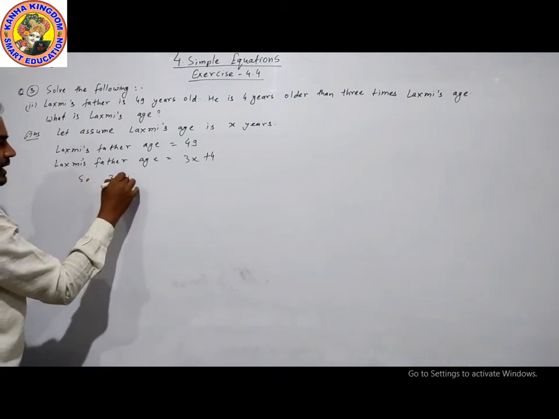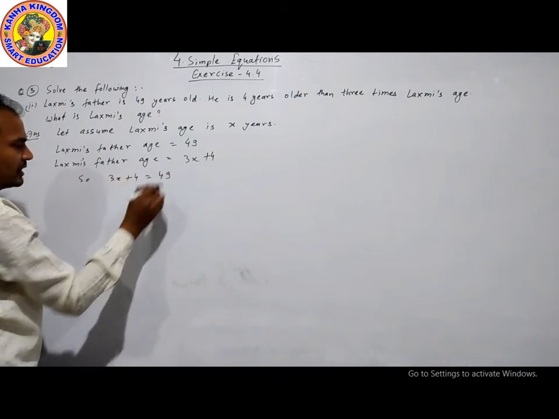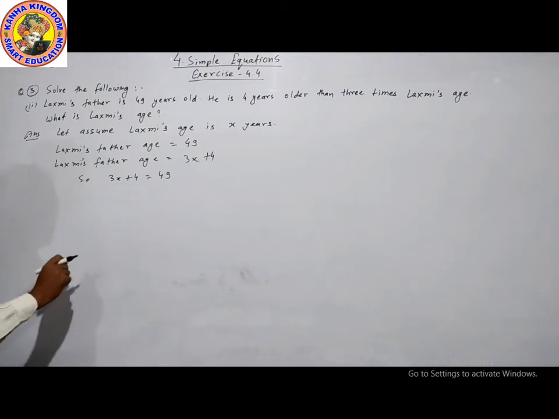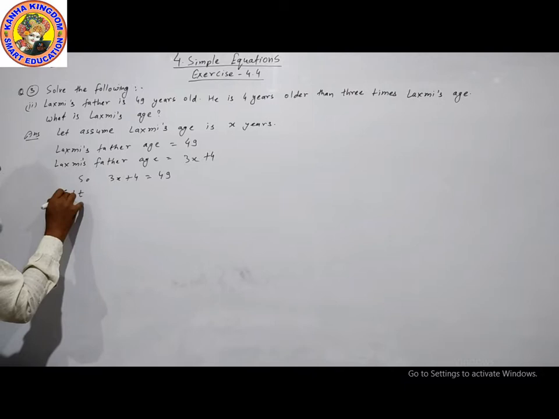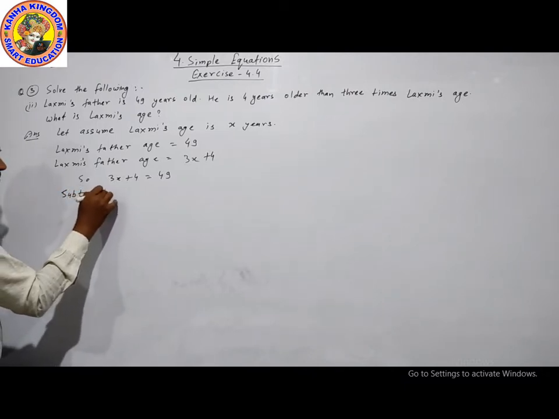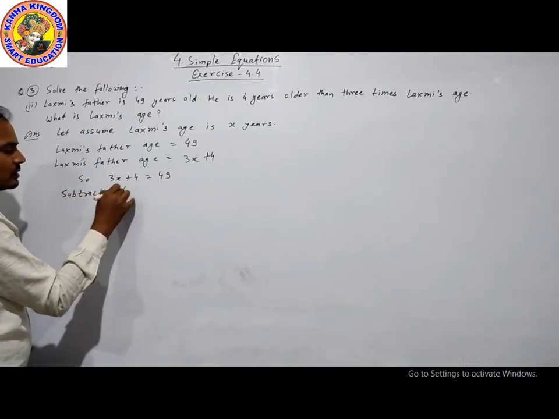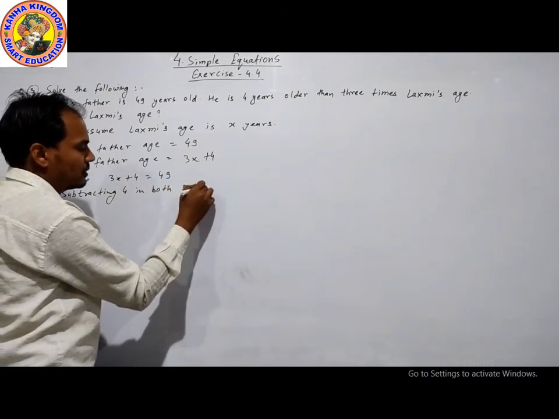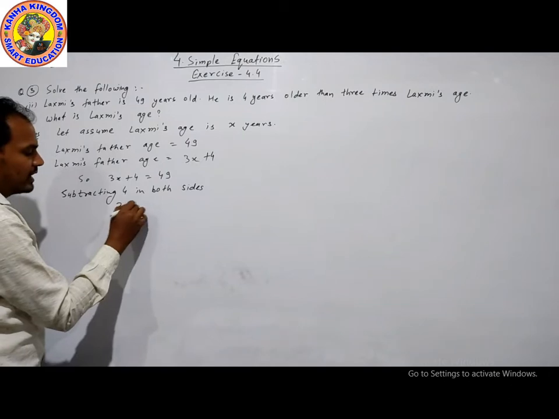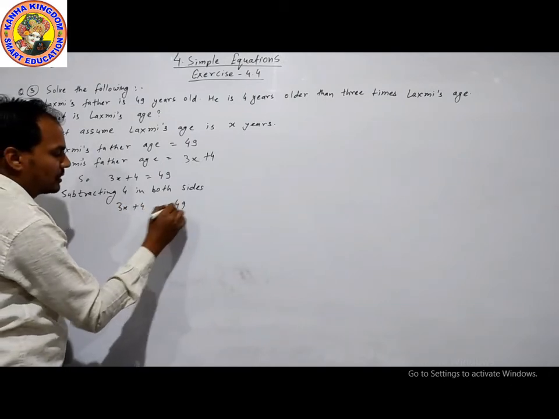So 3x plus 4 is equal to 49. First of all, we will remove plus 4, so we will take minus 4. Subtracting 4 from both sides.